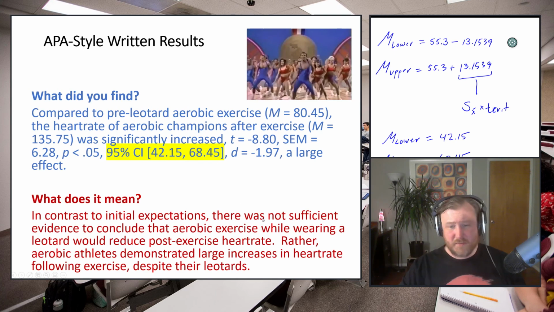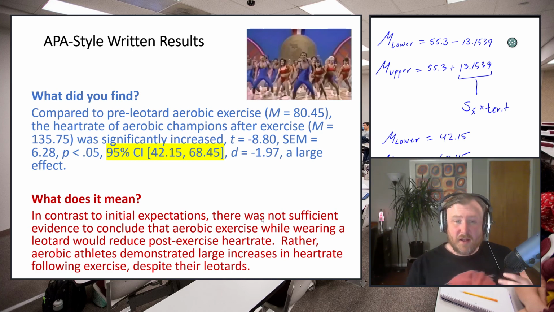And so what does it mean? Same thing. Reporting this 95% confidence interval gives the reader a sense of how much this sample mean might vary given the amount of error in our estimate of the population mean.